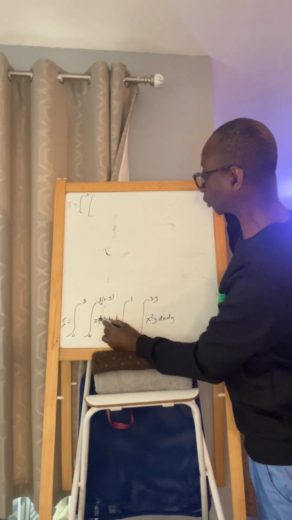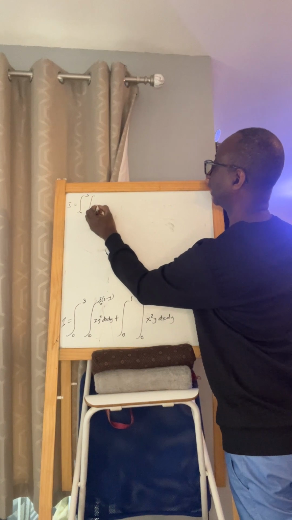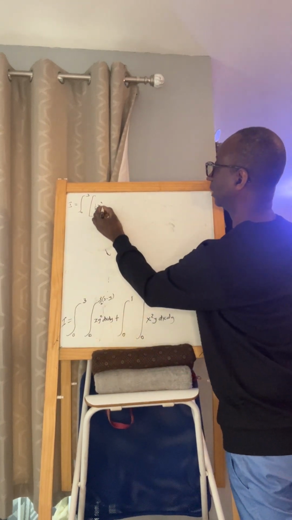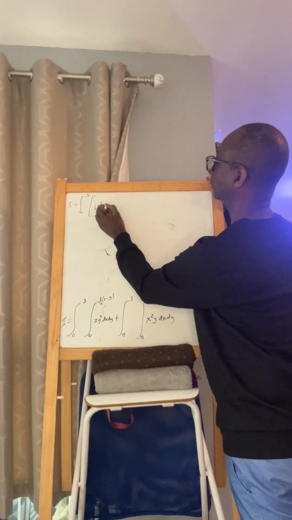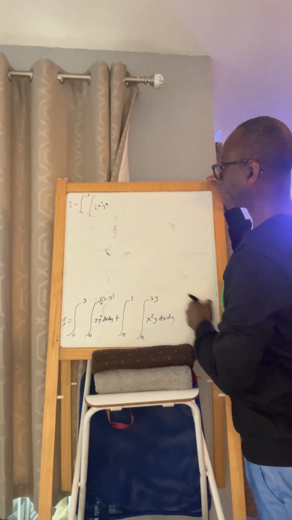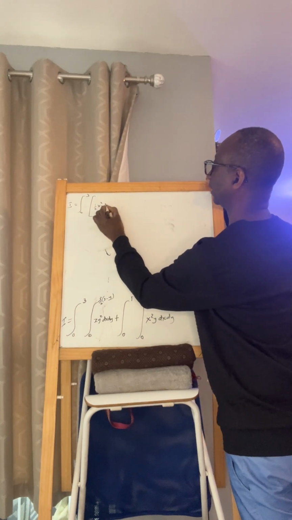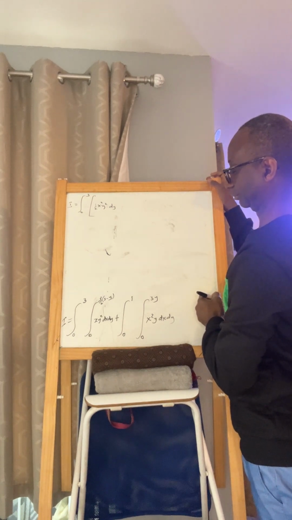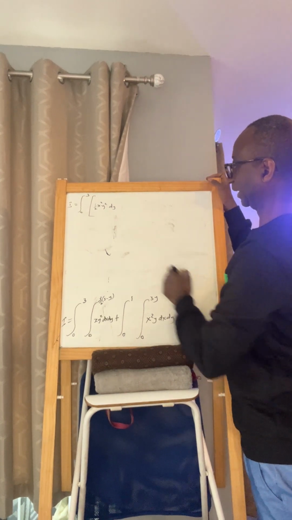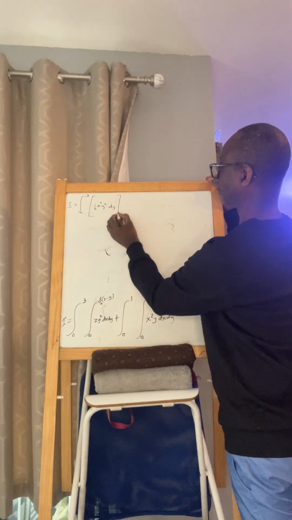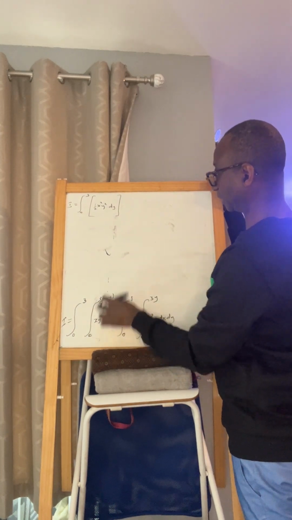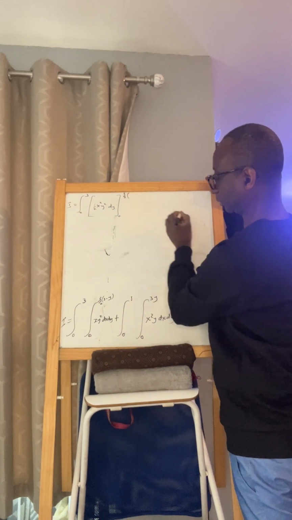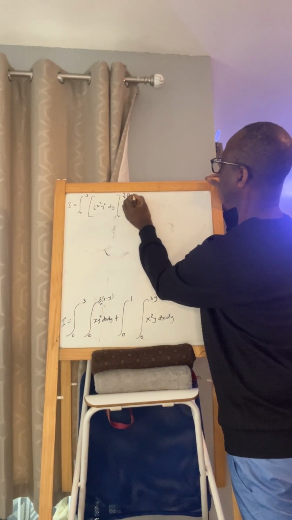You get 1/2 x squared. The y is constant. We are integrating with respect to x, it has nothing to do with y. So our y squared is still there. Plus our dy now. And then you have your limit, which is 0 to 3 all over 2 into 3 minus y.